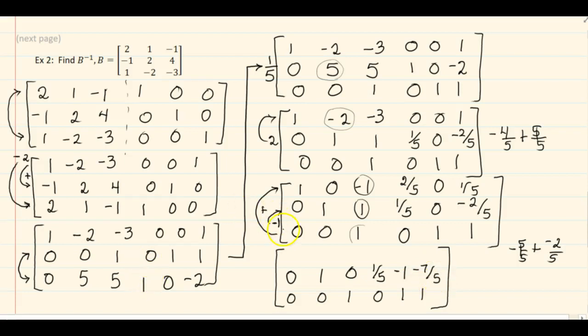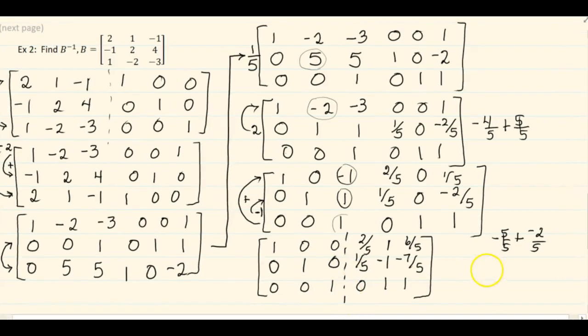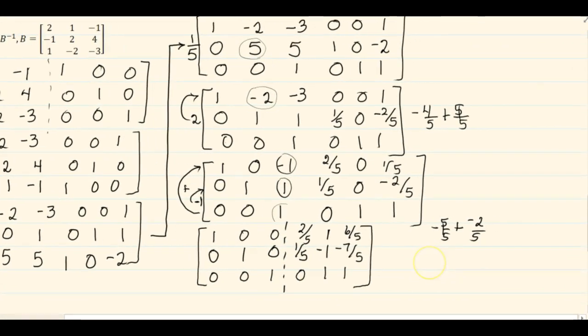All right, the last row, which is our top row. So I'm going to just add. So 0 plus 1, 0 plus 0, 1 plus -1, 0 plus 2/5, 1 plus 0, and 1 plus 1/5 is going to give me 6/5. Alrighty, so I'm going to go ahead and put my augmented matrix, and what we have found is B inverse.